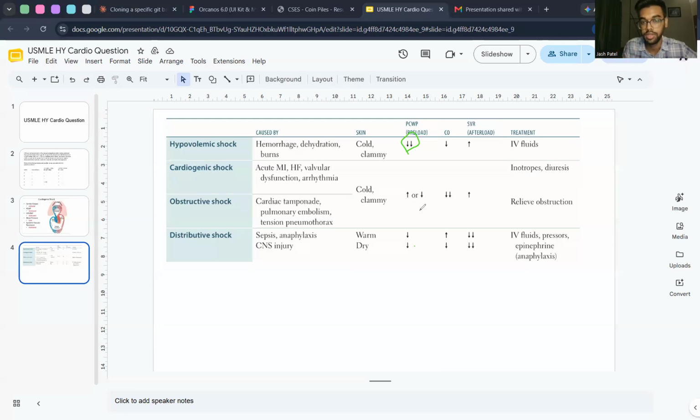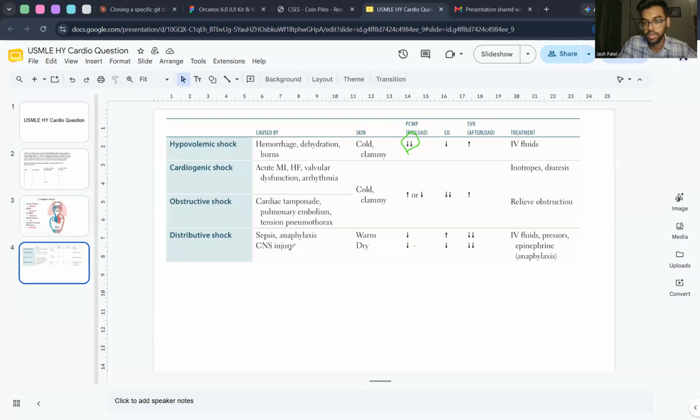For example, if a person had pulmonary embolism, he would have shortness of breath. If he has pneumothorax, there would be decrease in breath sounds, right? If there's cardiac tamponade, there would be muffled heart sounds. So the clinical picture gets very important when we have to differentiate between obstructive shock and cardiogenic shock.